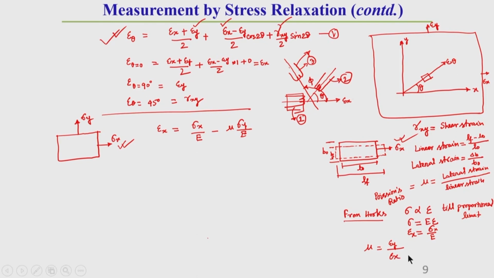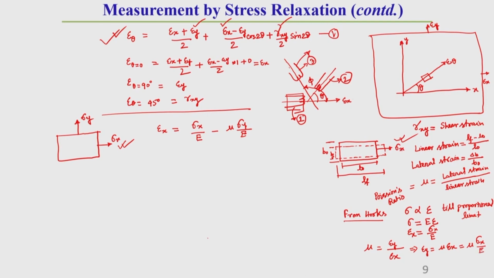So epsilon y equals mu into epsilon x, and due to sigma x, epsilon y is mu sigma x divided by E, correct.